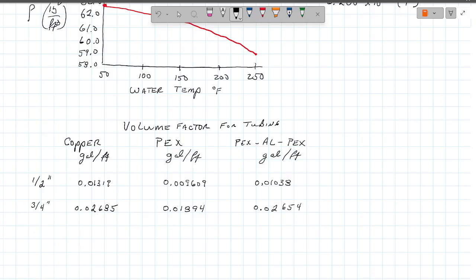And what happens is PEX normally allows oxygen to go in and out of the pipe because the molecule chains are larger than the oxygen molecule but smaller than the water molecules. So in order to stop that, we add an aluminum core, which also helps with heat transfer and that sort of stuff. All right, PEX, polyethylene. Thank you. Polyethylene cross-linked is the X.